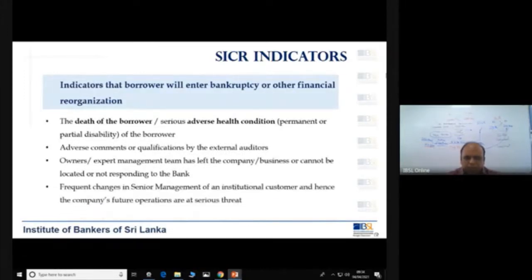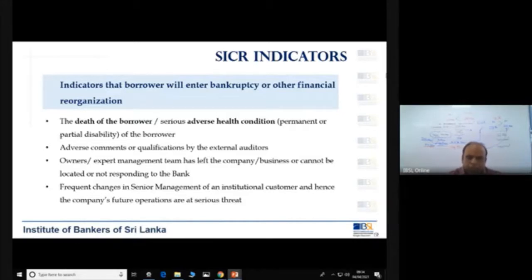What you need is some basic things from this. Say, for example, indicators that the borrower will enter bankruptcy. Bankruptcy means you are no more, you can't do anything. So it could happen with the death of the borrower, or as I told you, with a serious adverse health condition. Say where the borrower met with an accident and he's totally handicapped.